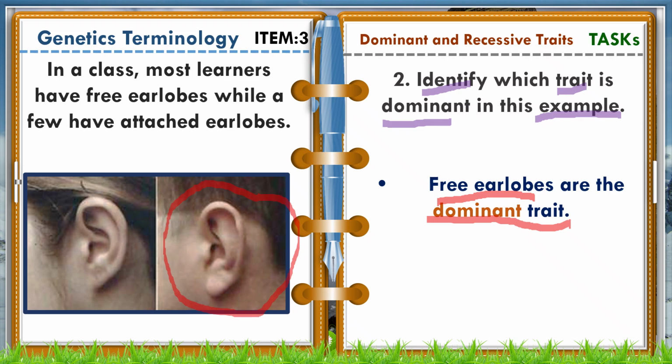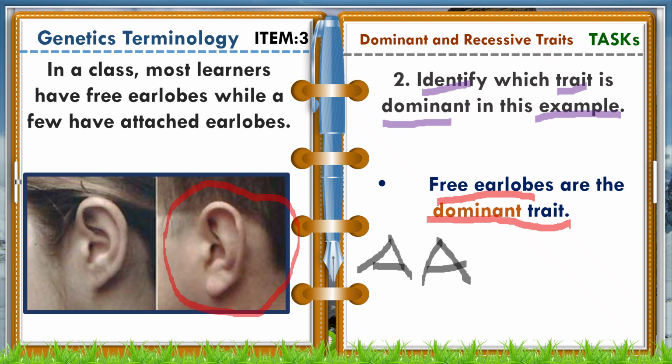Free earlobes are the dominant trait, meaning that by existence of one dominant trait, we are going to have a free lobe. So here we can say that since it is dominant, we can have a genetic combination of capital A with capital A. That one is going to show a free earlobe as a dominant trait.